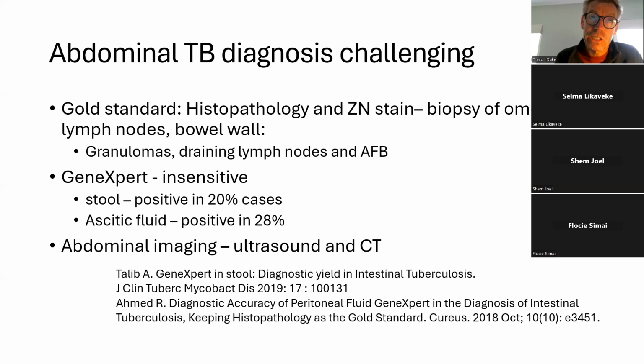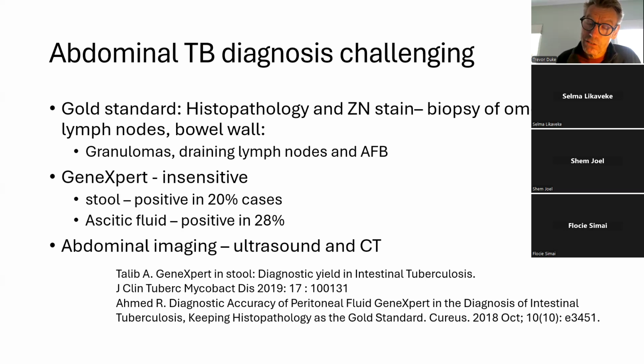Just like GeneXpert on respiratory secretions in children with pulmonary TB is relatively insensitive. That is, it's found positive in about a third of cases. In abdominal TB, it's a bit less: 20% of cases in stool and about 28% on ascitic fluid, around the same as induced sputum in a child with pulmonary TB.